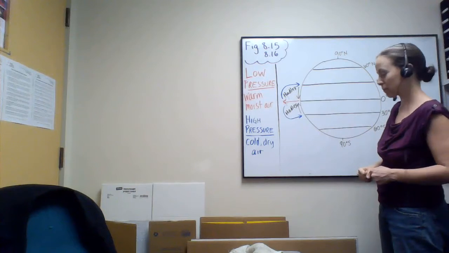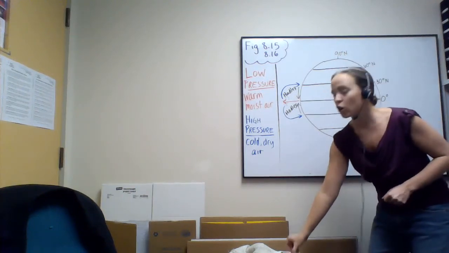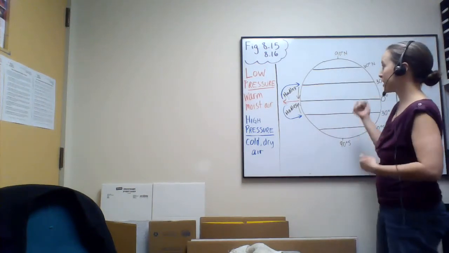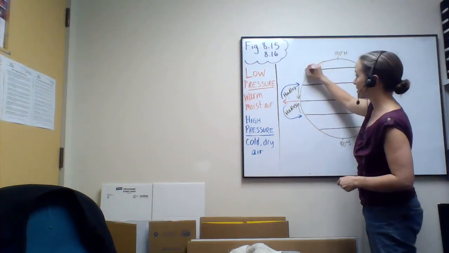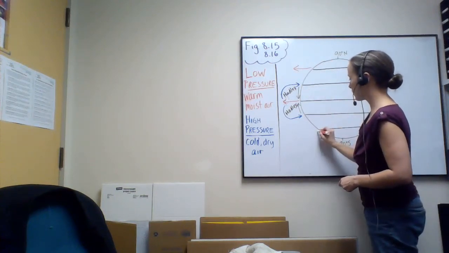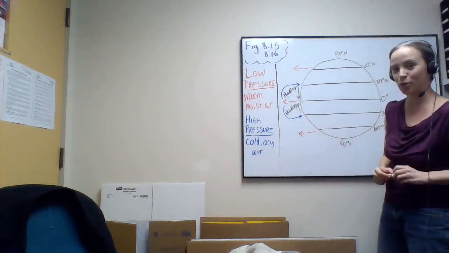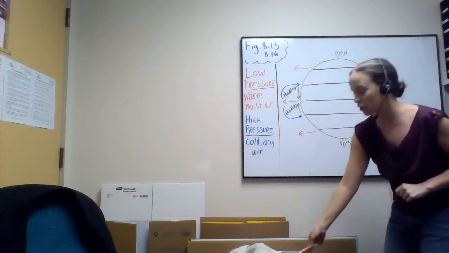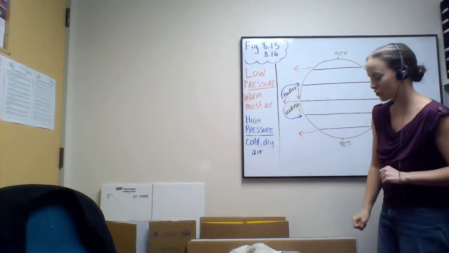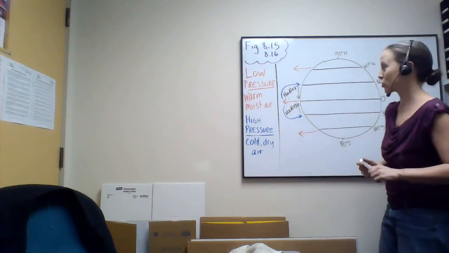Now we also get relatively warm, moist air rising at 60 degrees latitude. You will understand why that is the case when you jump into Chapter 9 and learn about western boundary currents and transverse currents.